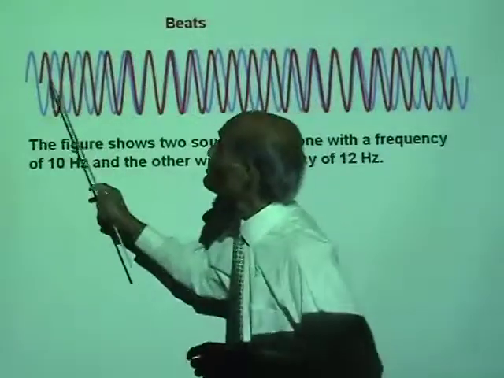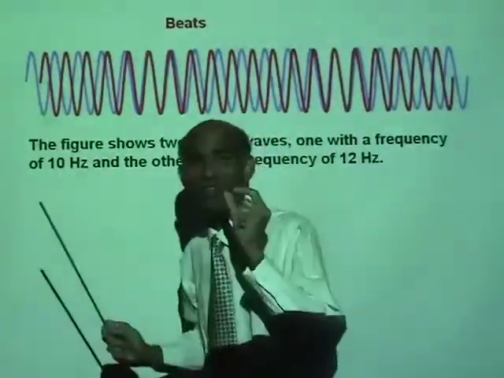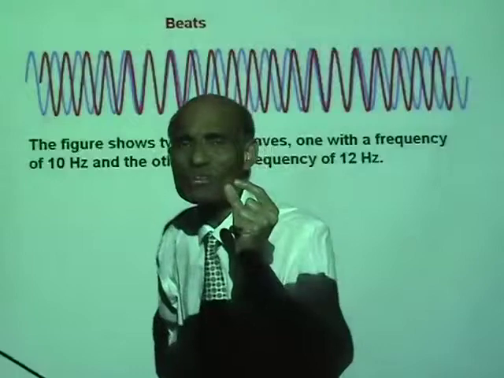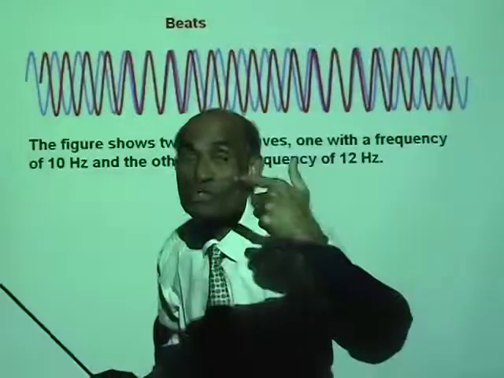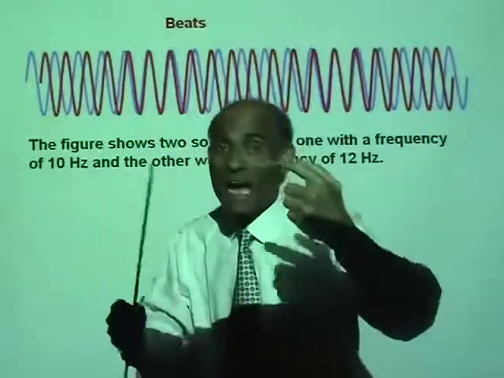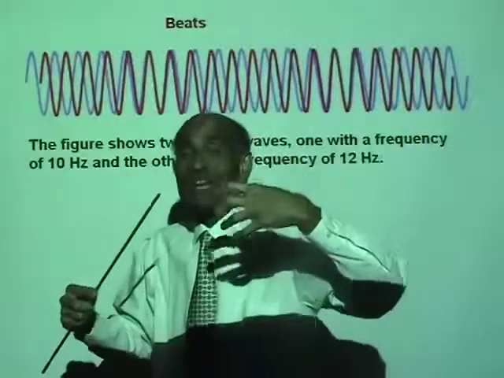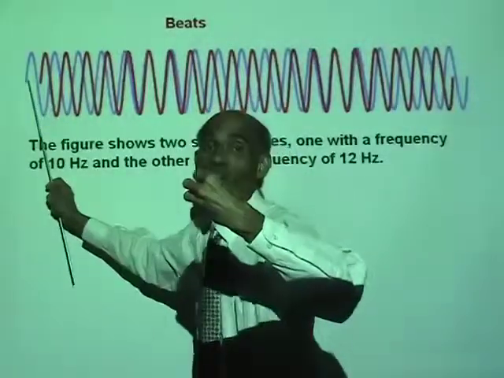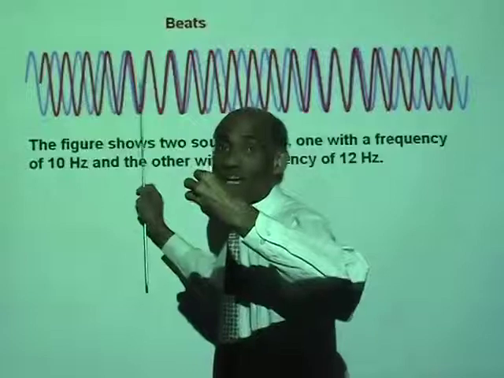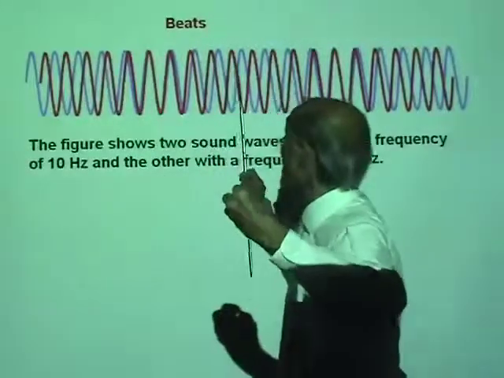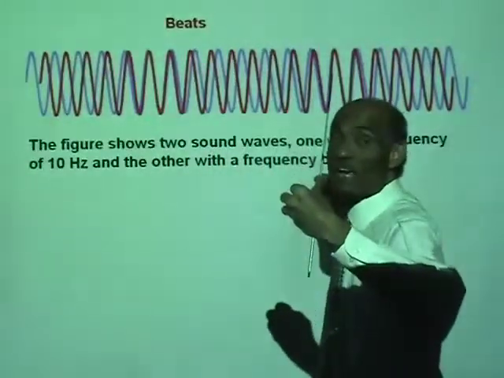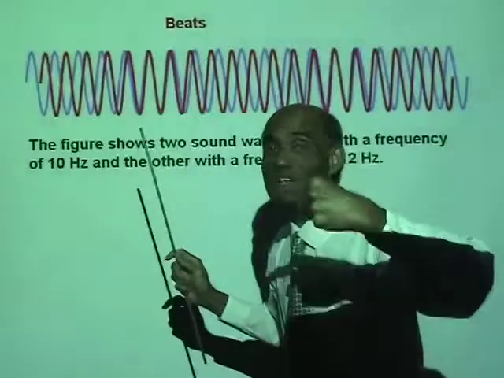So, when two sound waves of very nearly equal frequency are sounded together, what will happen? As they advance, they get in phase, out of phase, in phase, out of phase, in phase, continuously.